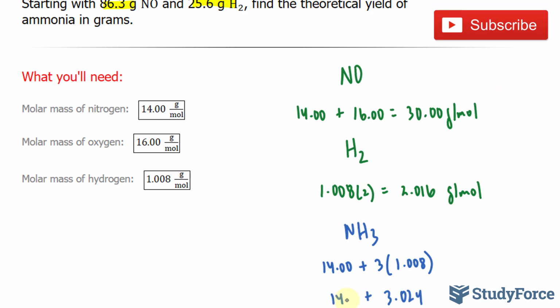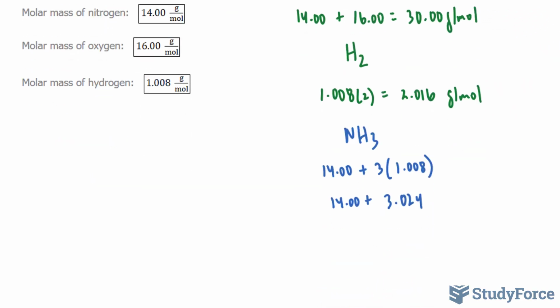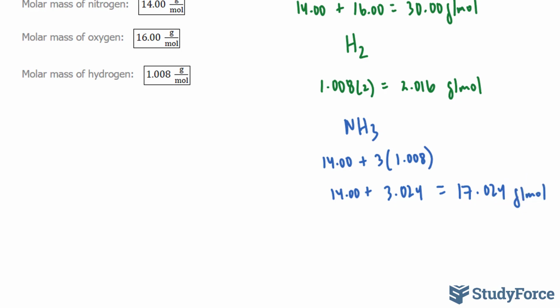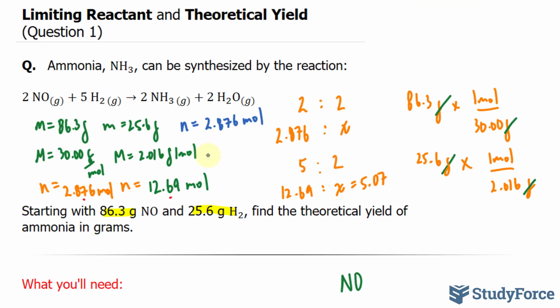Adding 14 to that, and of course this can all be done on your calculator, I'm doing it manually, gives 17.024 grams per mole. I'll write this number right here.